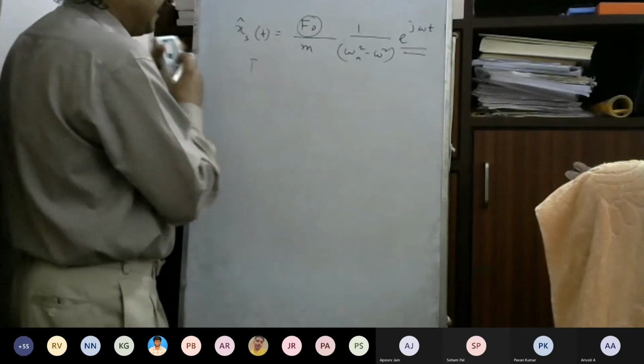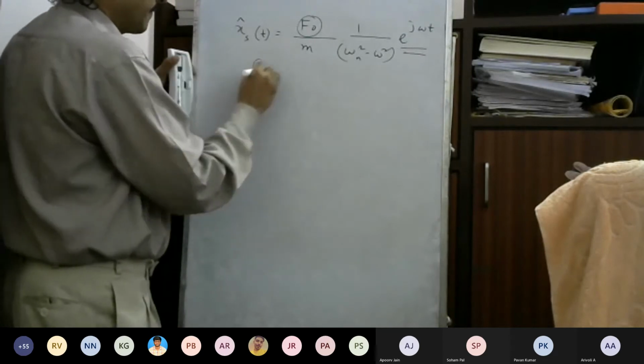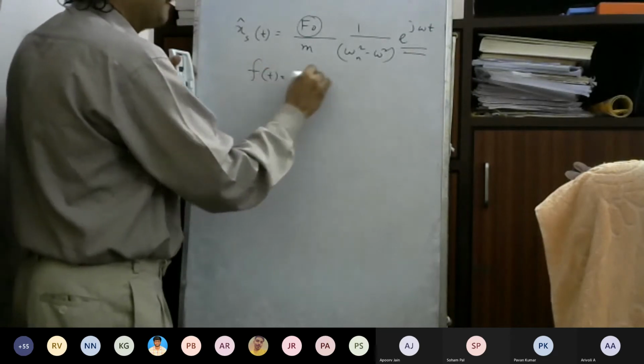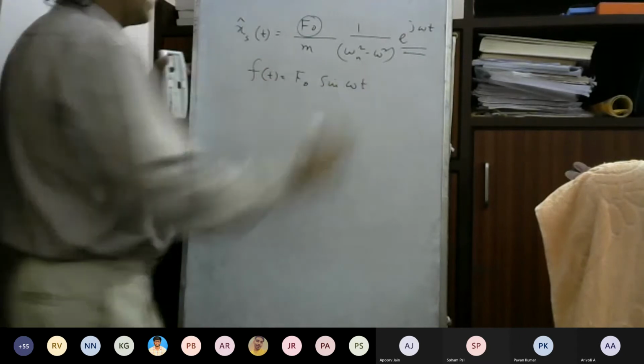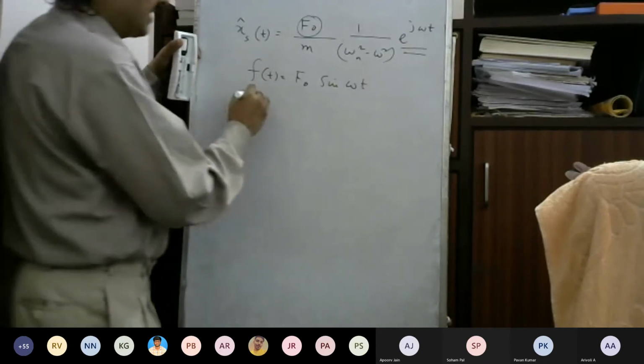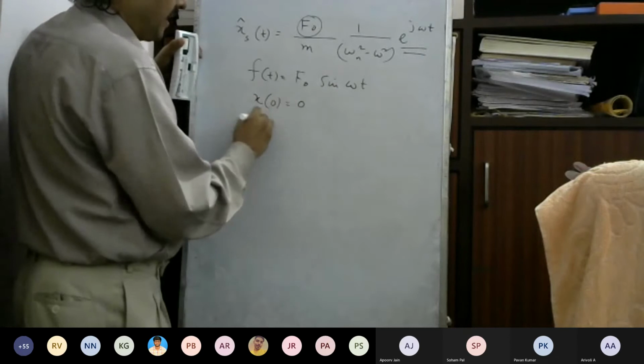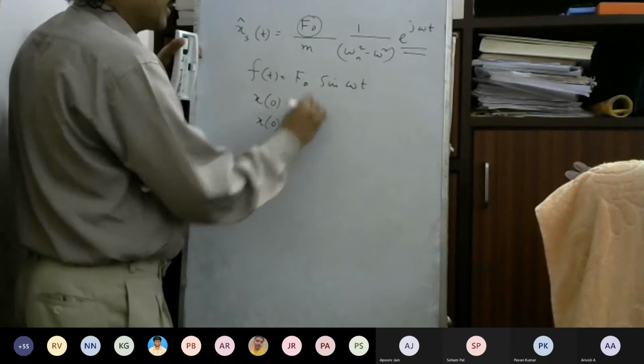Suppose we have the excitation f(t) as f sine omega t, and the initial conditions are x(0) equal to 0 and x dot(0) equal to 0, let us say.